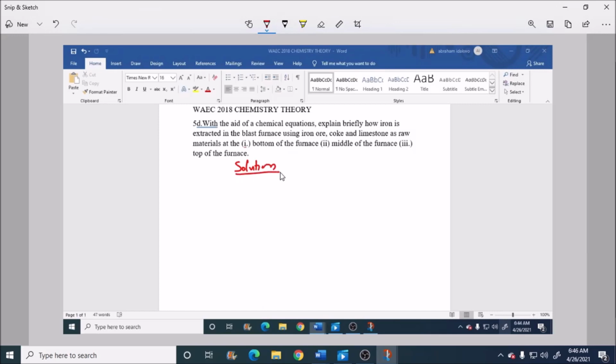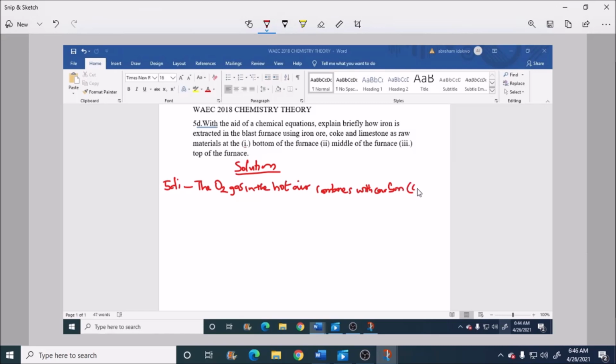So that is what we have for the 5D Roman figure 1. We have to write this, then give our answer in equation. That is, we have the oxygen, O2. We use O2 to represent the oxygen gas. The oxygen gas in the hot air combines with the carbon, that is coke.